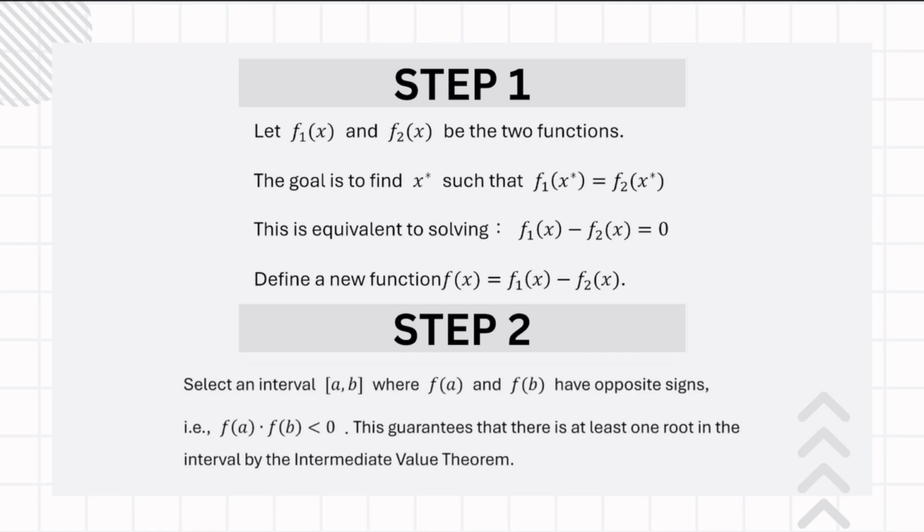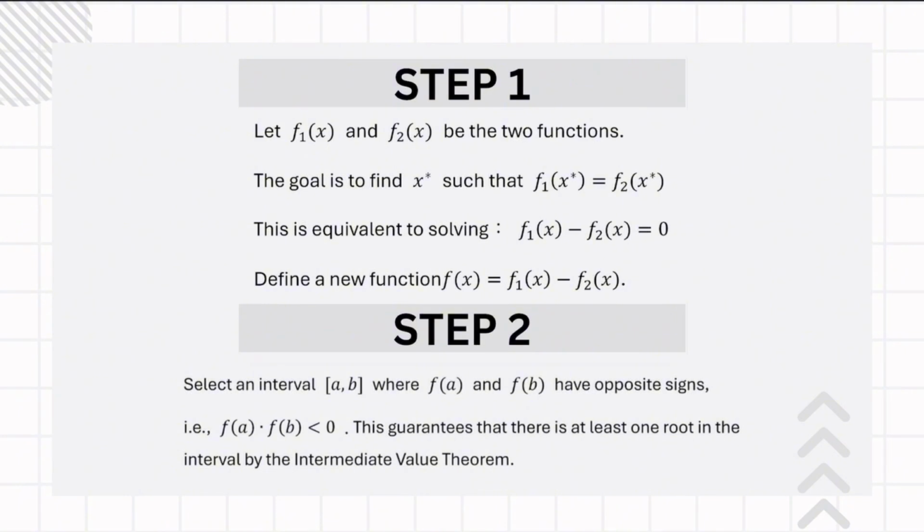First, let f1(x) and f2(x) be the two functions, and the goal is to find x such that f1(x) = f2(x). Define a new function f(x) = f1(x) - f2(x).